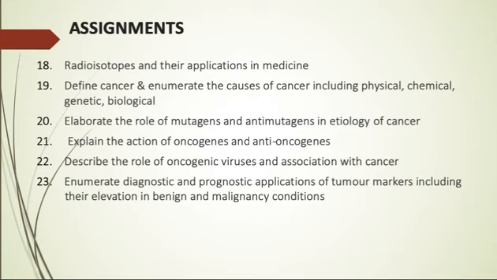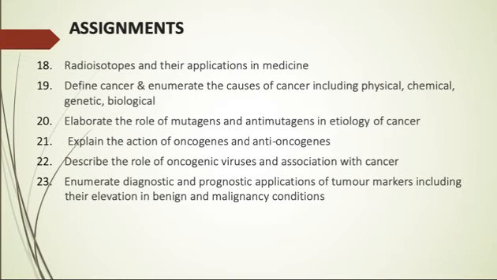Define cancer and enumerate the causes of cancer, including physical, chemical, genetic, and biological. Elaborate the role of mutagens and anti-mutagens in the etiology of cancer. Explain the action of oncogenes and anti-oncogenes.